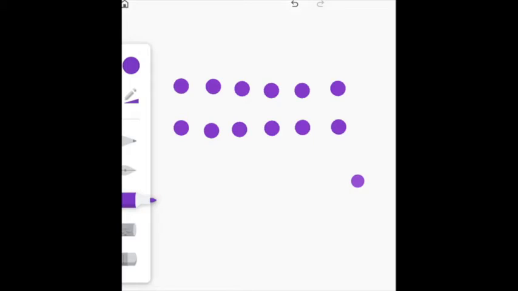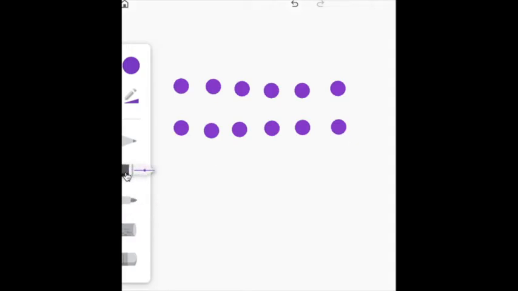How many did she have altogether? That's right, she had 12 cookies. Let's count them just to make sure. 1, 2, 3, 4, 5, 6, 7, 8, 9, 10, 11, 12.